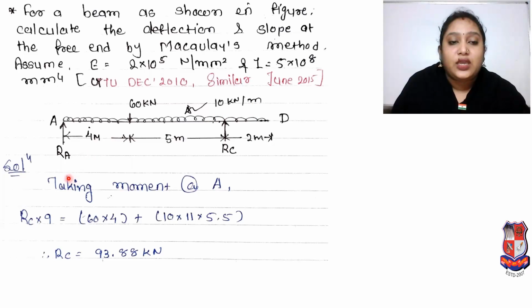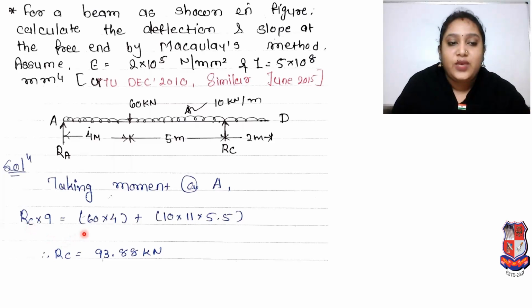So taking moment at A, RC into 9 is equal to 60 into 4 plus 10 into 11 into 11 by 2, means RC into 9 is equal to 60 into 4 plus 10 into 11 into 5.5.